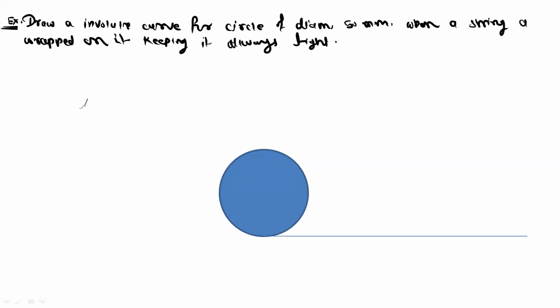Here we have to draw the involute curve for a circle with diameter 50 mm when a string is wrapped on it, keeping it always tight.